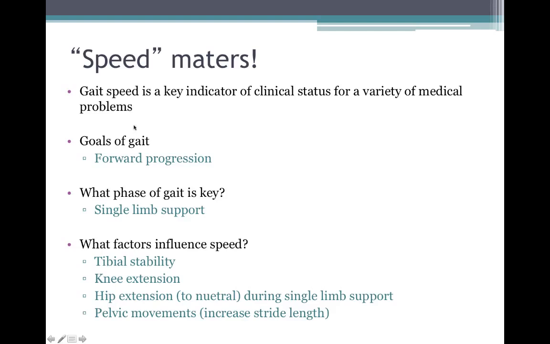So speed matters. Gait speed is a key indicator of clinical status for a variety of medical problems. The goal of gait is forward progression, and notice that the key phase of gait is single limb support.